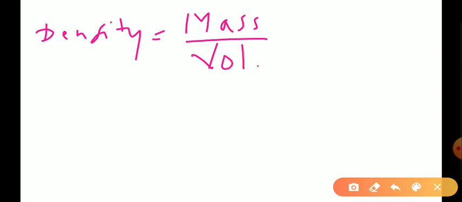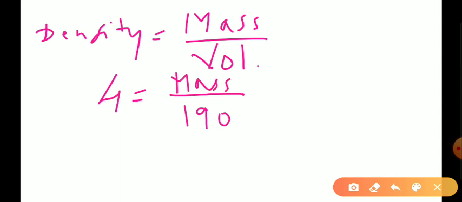Density they have given as 4 and volume they have given as 190, and mass we have to calculate. So we will write over here mass.